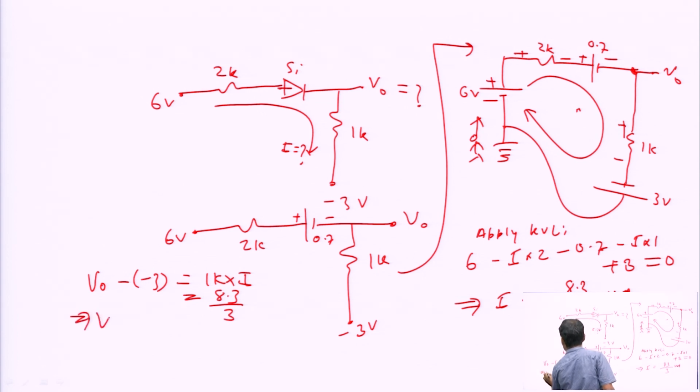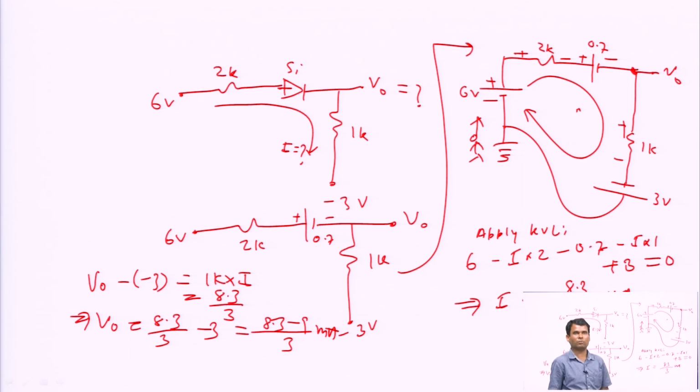This implies V naught is equal to 8.3 upon 3 minus 3. So, this is equal to 8.3 minus 9 upon 3. So, this will be calculated very easily. There may be any type of circuit, we can easily see how the calculation takes place in any diode circuit.